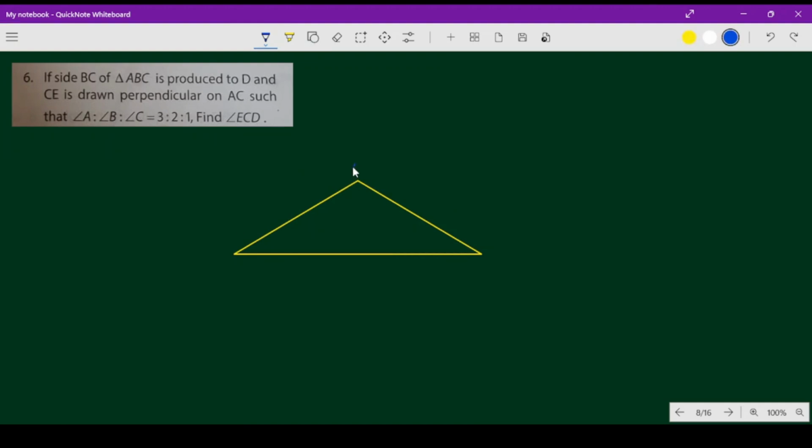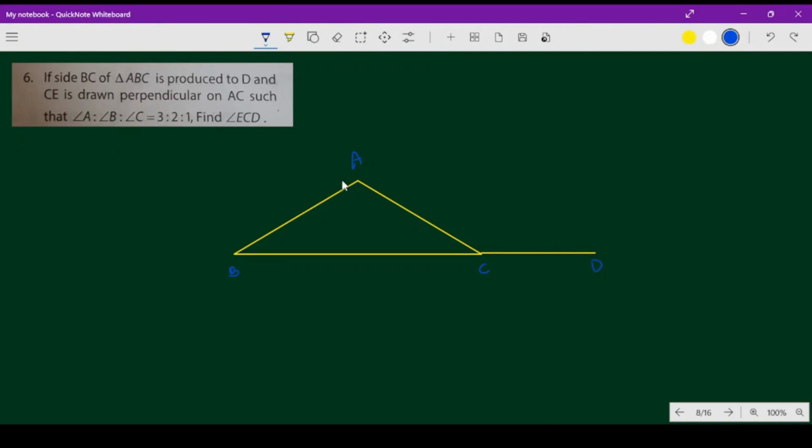Here we have triangle ABC, and further they said CE is drawn perpendicular on AC. So D is produced from side BC. If we are producing side BC to a point, let's say I'm extending it to here. This is a point.